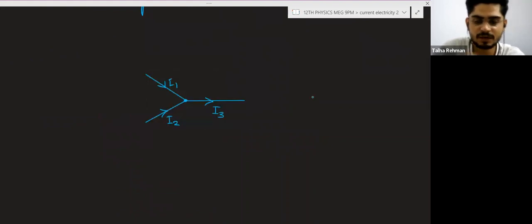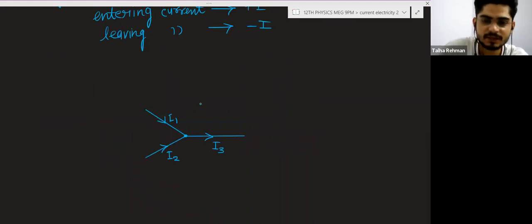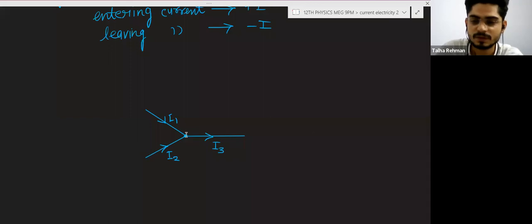According to this, the sum of the currents at the junction is 0.